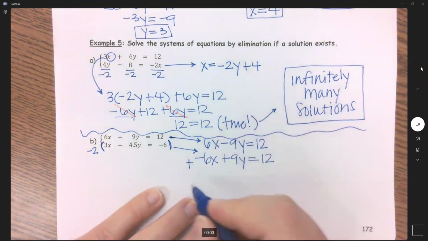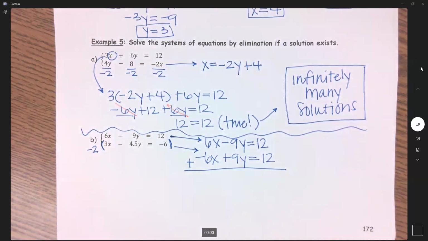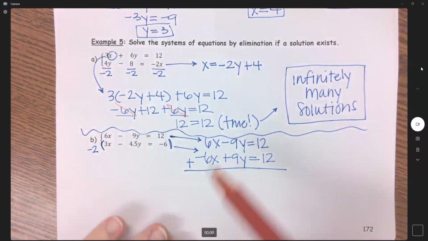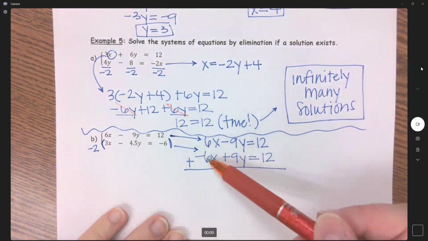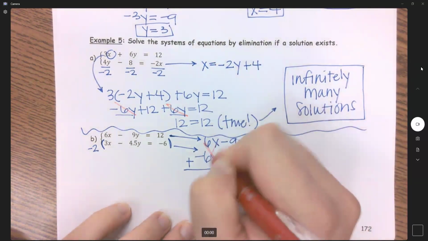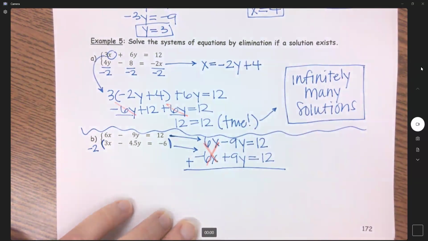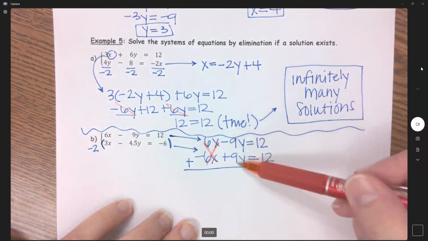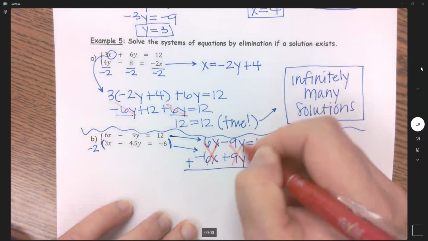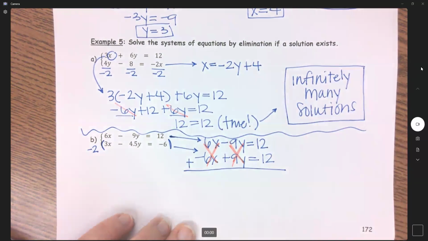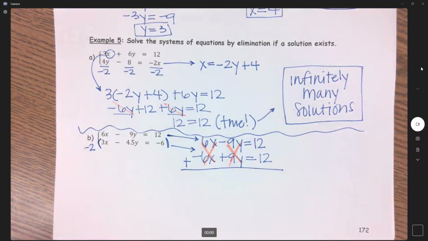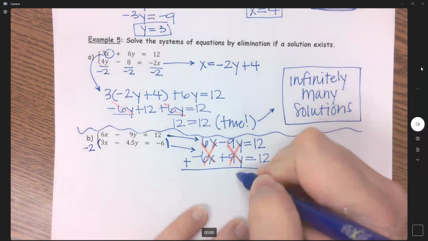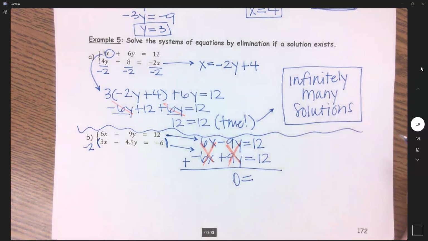Elimination is also called addition, so let's add what's left. So I did cancel out my x's. 6 and -6 cancels out. But what also happens, we have a negative and a +9y. So those also cancel. So if everything cancels on the left side, I'm left with 0.